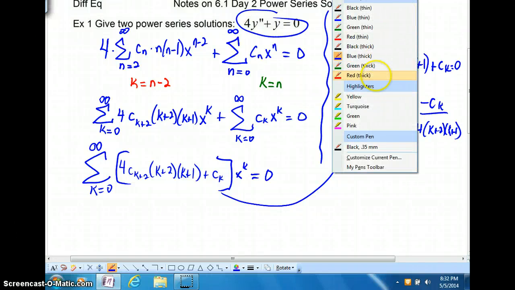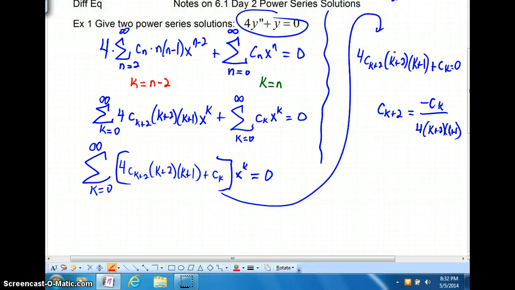However, let k equal 0. If k is equal to 0, I would have c sub 2, and then of course this equals negative c sub 0.